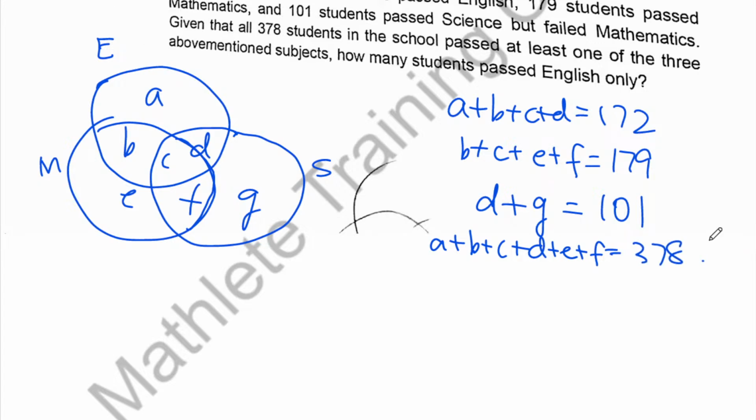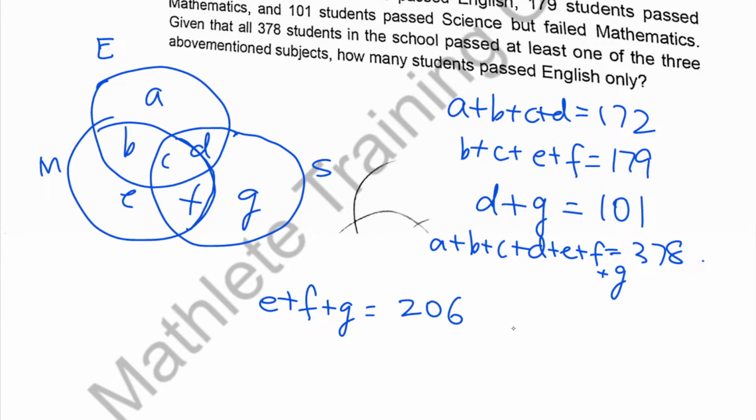Okay. So how many students passed English only? So we want to find the value of A. If you take the fourth equation minus the first equation, we have E plus F plus G is equal to 206, I believe. Yep.